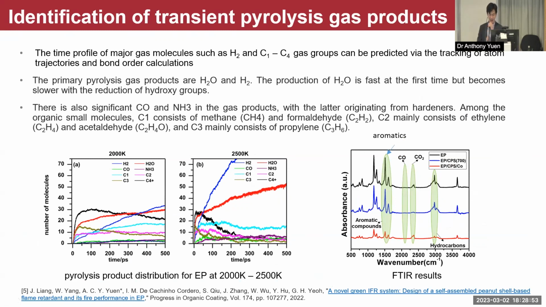We benchmark against the FTIR spectrum and see whether the significant compounds are actually occurring within our MD, to see if what we are modeling is correct or not. But here I want to stress the aromatics formation. It is very important to study that as well because it's the precursor of the formation of soot particles, which is the main reason why smoke is formed.